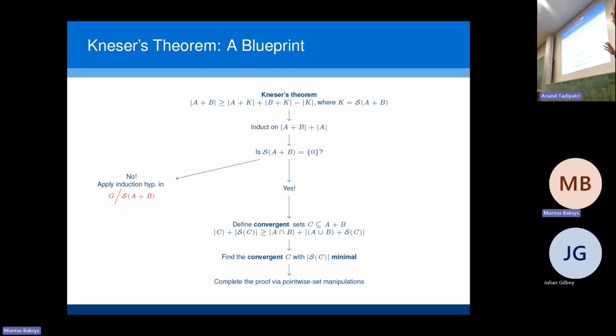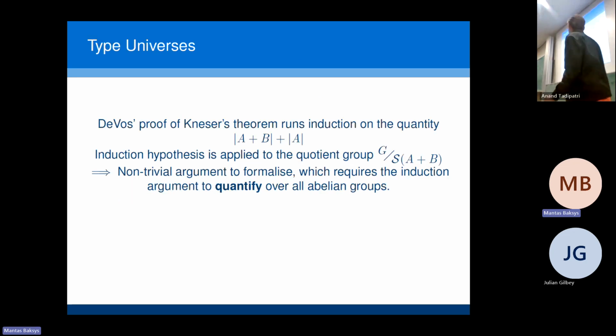We need to define some more notions of convergent sets and do some pointwise set manipulations to deduce the claim. We won't go into the details of this because in the different systems they were slightly different, and something Yaël is going to talk about in overall perspective, but they were very much possible to do up to what we know in formalization these days.